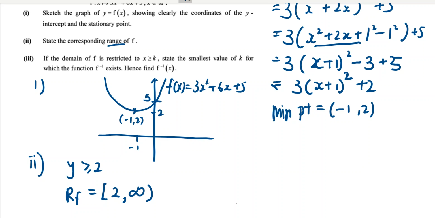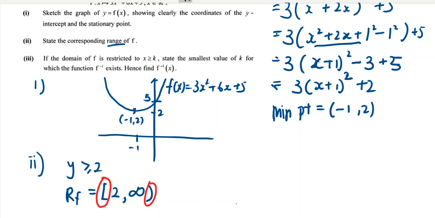This means exclude. So this means that it can be equals to 2. This means that it cannot be equals to infinity because infinity is not countable. So this is another way of presenting. Some of you may know it. It doesn't matter which way you present, both are fine.